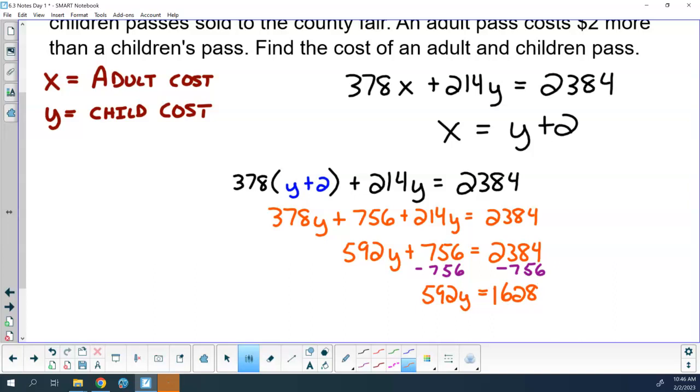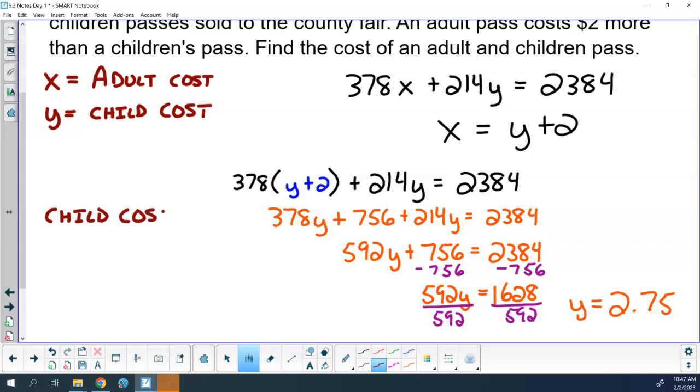Yep. Three something, right? No, not even. 2 something. 275? If a child costs $2.75 to get in, how much does it cost for an adult?